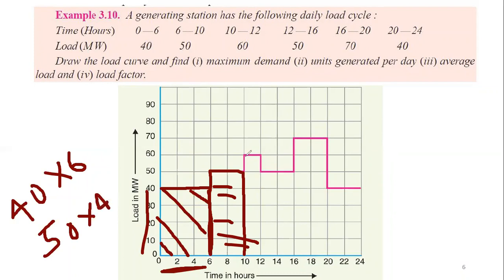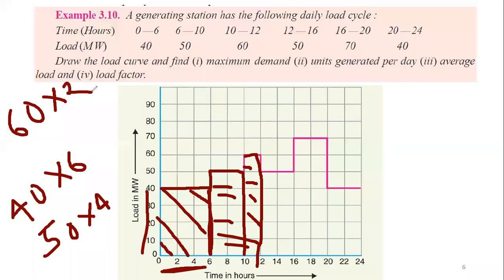Next is this small area. One side is 60 because the height is 60, and the other side is 2, because 10 to 12 means 2. So 60 into 2. We calculate these areas and sum them to get the total units generated per day.